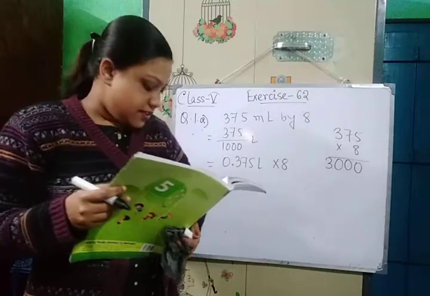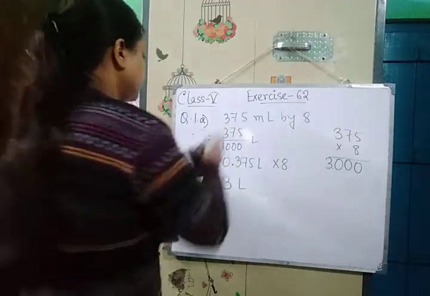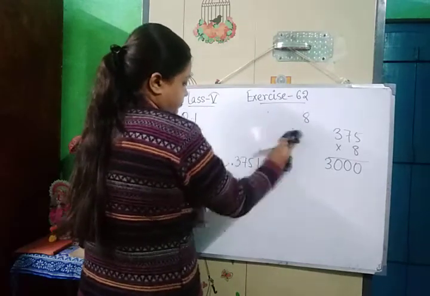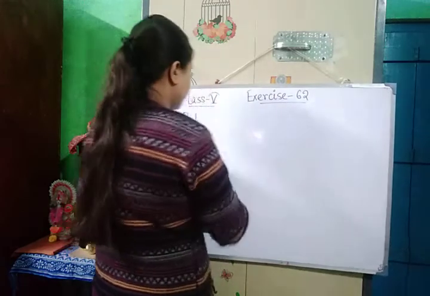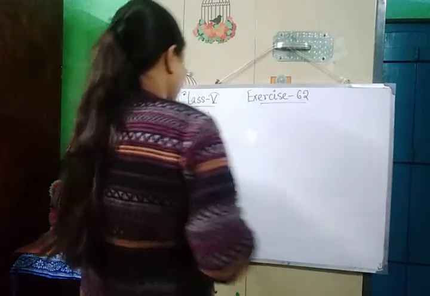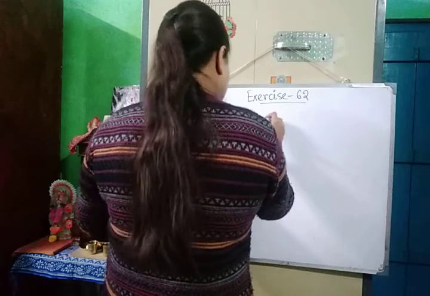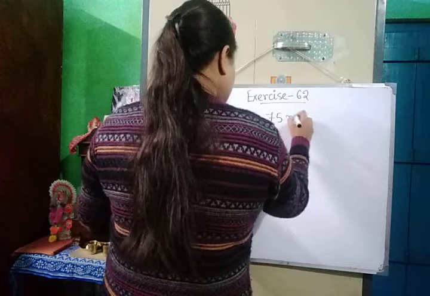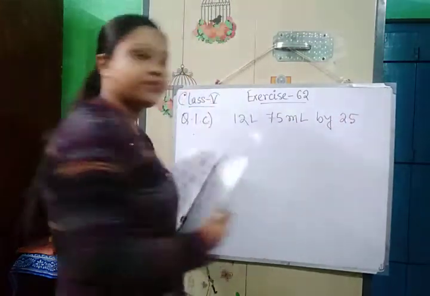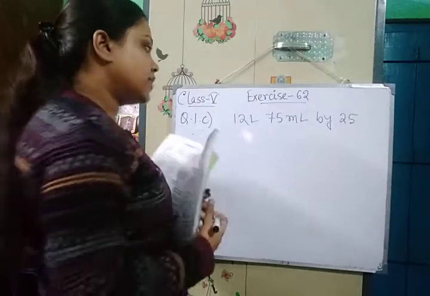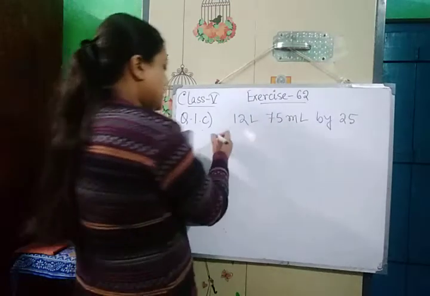Okay. Next I am doing question number 1's C. C is 12 liter 75 ml by 25. Okay, so again we will convert this whole thing first to liter, then we will multiply by 25.